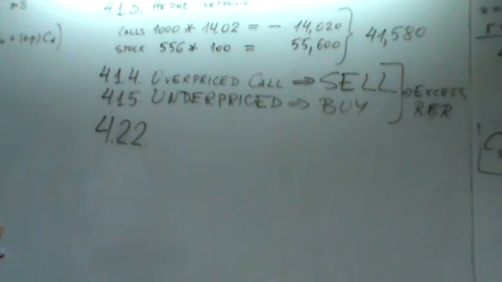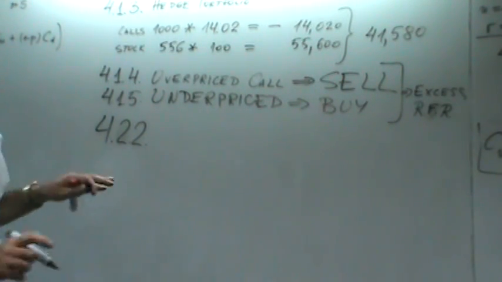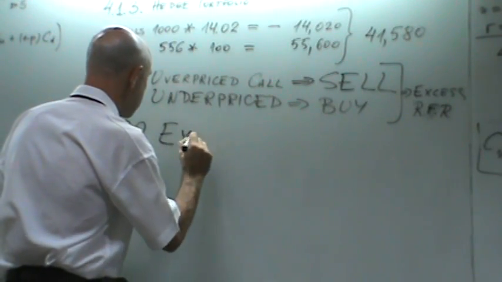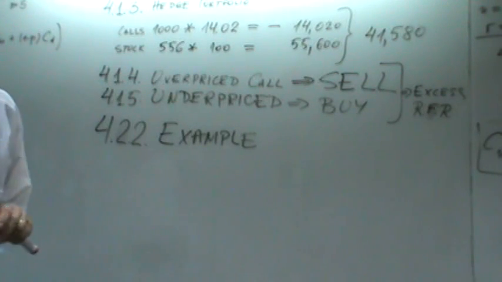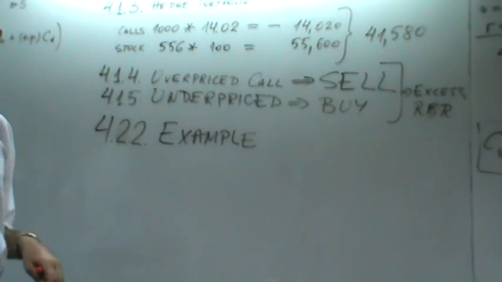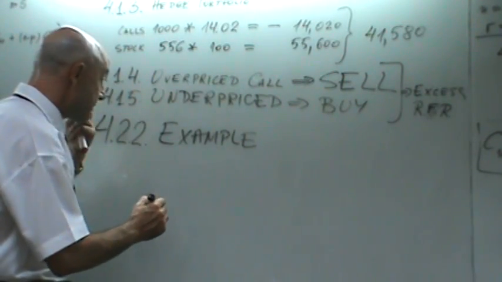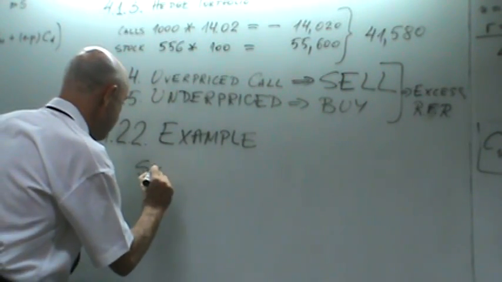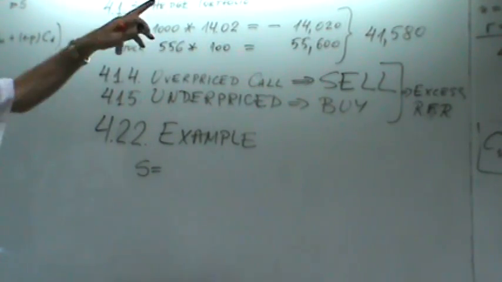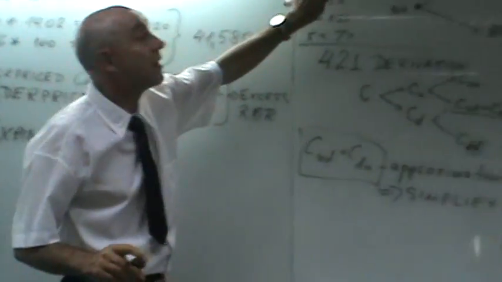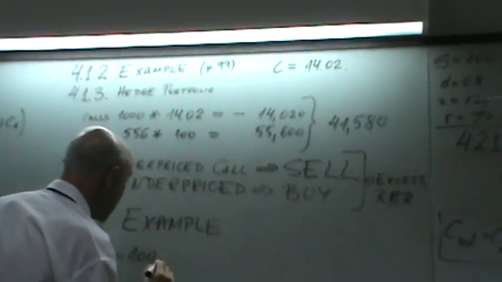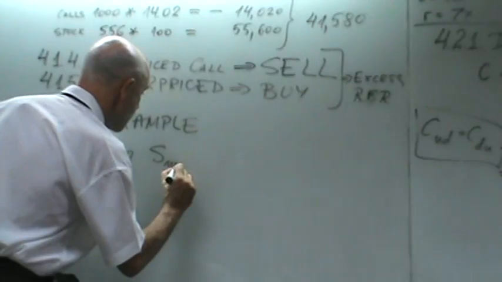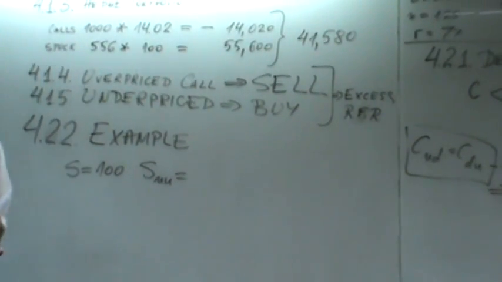So, 422 is the example. You got S, remember, copy 100. So SU equals how much?